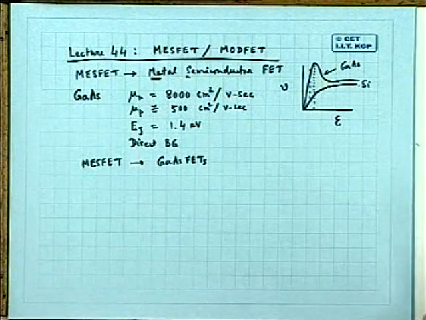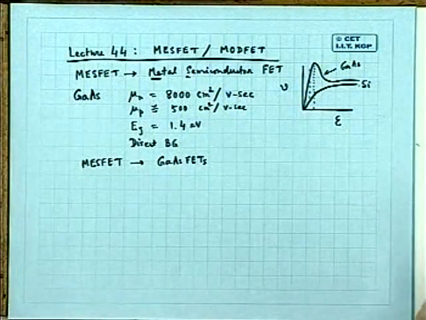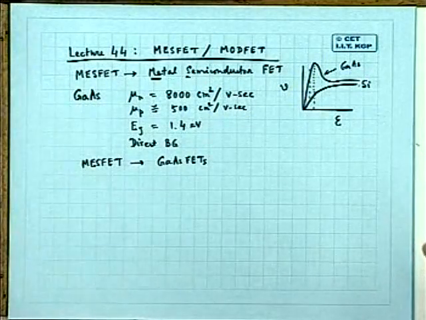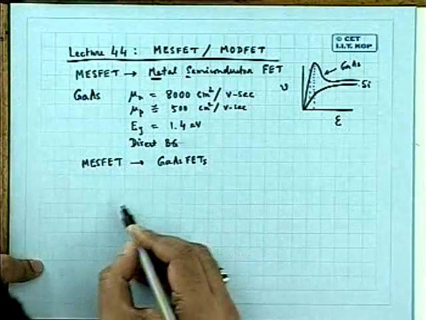With gallium arsenide there is a different range of optoelectronics and millimeter-wave devices, impact diodes, Gunn diodes, all these things are gallium arsenide based. Now, what is a MESFET?